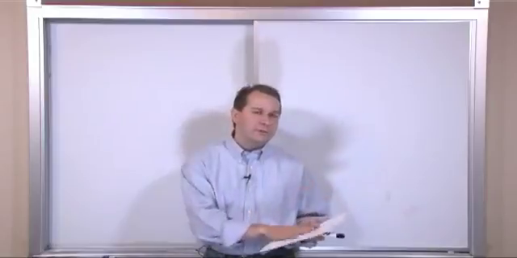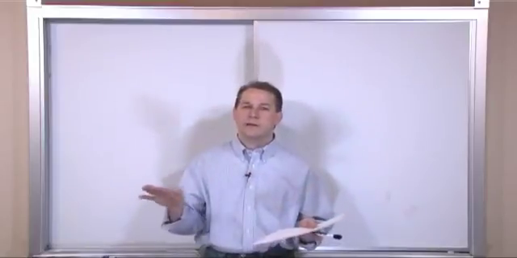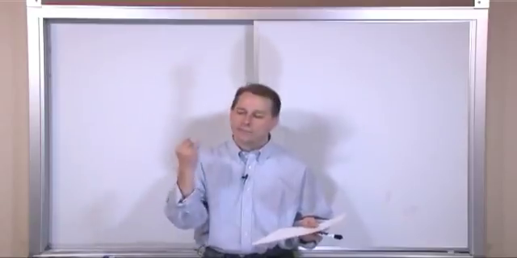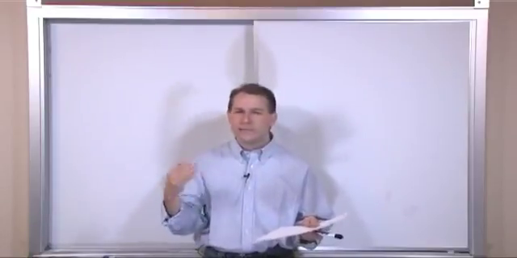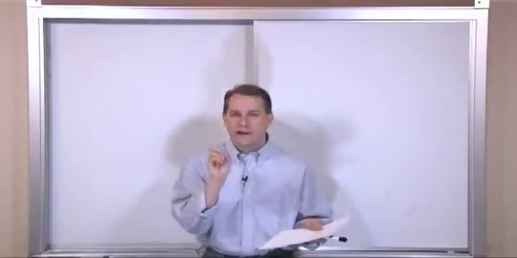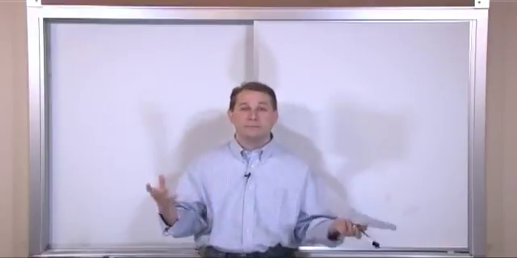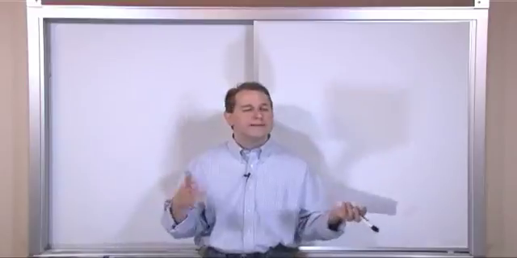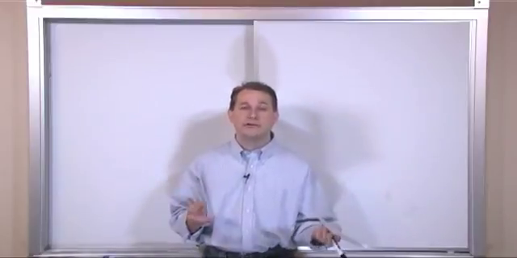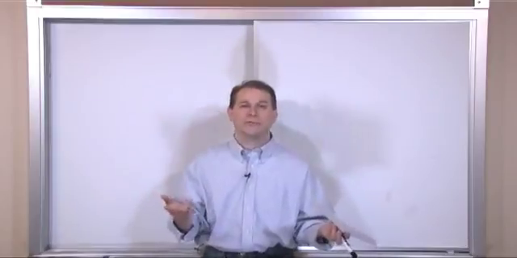Now, the reason you do that is because in a few minutes, when we get over into the next section and the one after that, when we begin to add and subtract fractions, I'll give you a little preview here. When you add or subtract fractions, the denominator of those two fractions must be the same. In other words, you must have a common denominator, which just means the bottom number has to be the same in those fractions before you even can add them or subtract them.